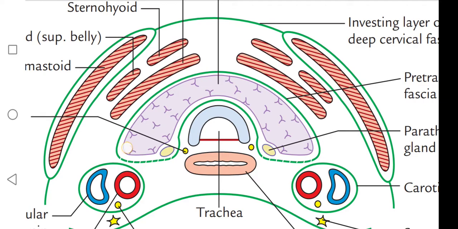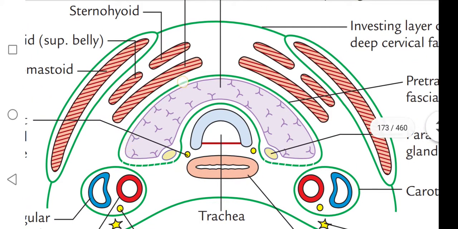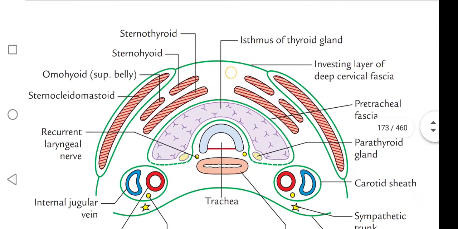Once again, this is the lateral surface of thyroid gland, and it is covered by three strap muscles: sternothyroid, sternohyoid, superior belly of omohyoid, and these three muscles are overlapped anteriorly by one long muscle, that is sternocleidomastoid. This is the sternocleidomastoid. I think you may understand this.